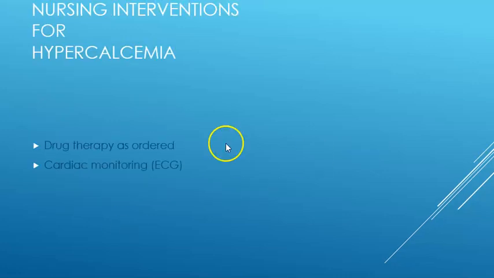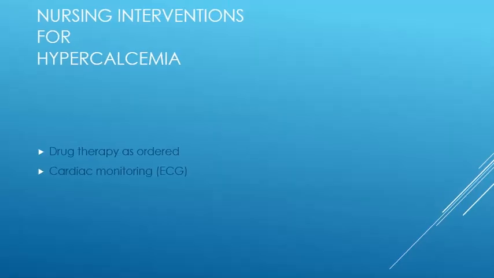Nursing interventions, drug therapy: they'll always be on a cardiac monitor. If they've got an order for lactated Ringer's, you will stop that. You'll stop any antacids, any thiazide. If they have been ordered thiazide, generally the doctor will want that stopped and replaced with Lasix.